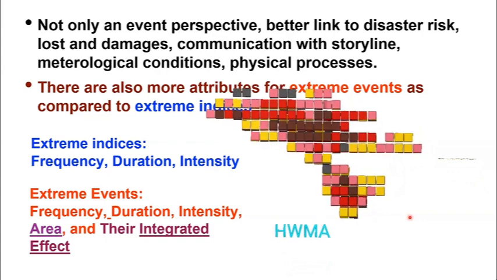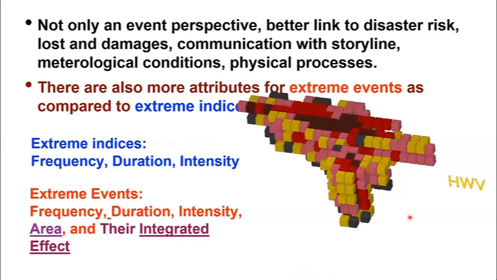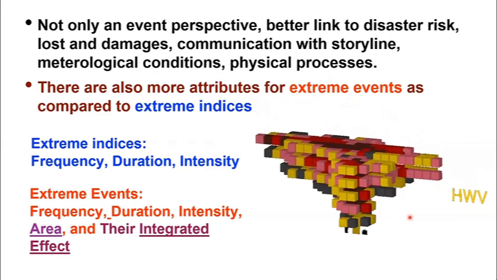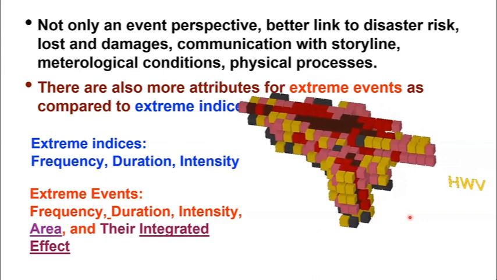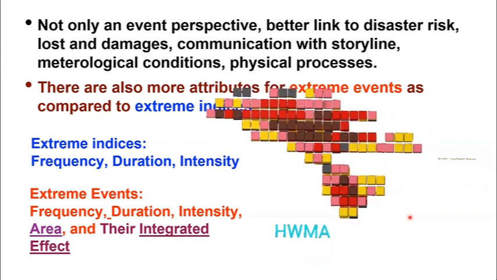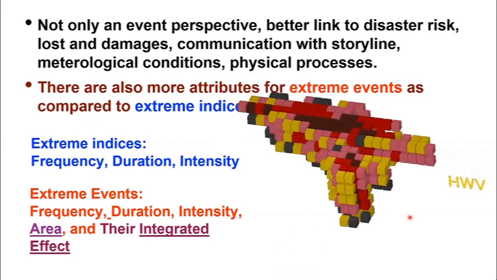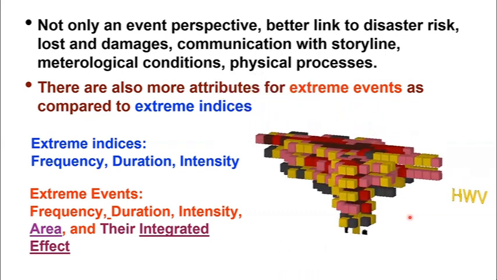But usually those are based on a single time series. They don't care about the neighboring condition in their calculation for the index. But for us, the area or spatial extent is an important part of the event and describes the size that matters for many different applications.